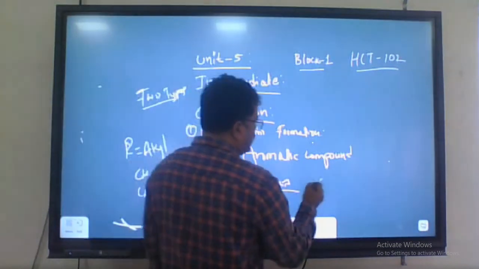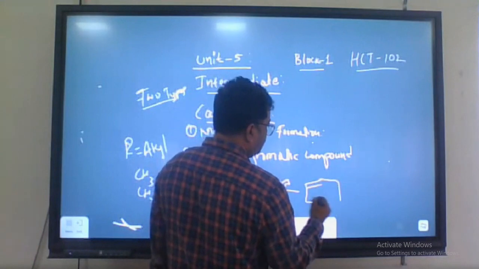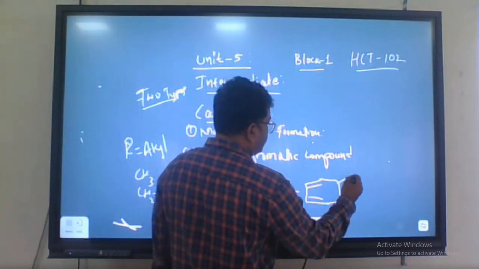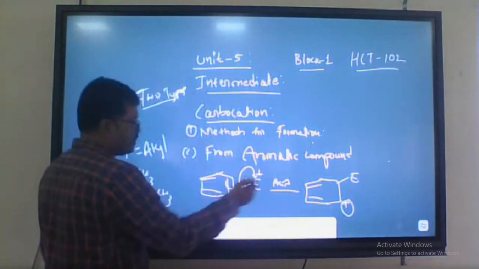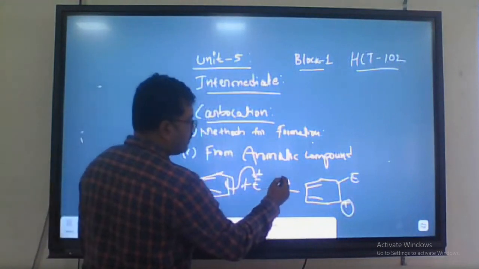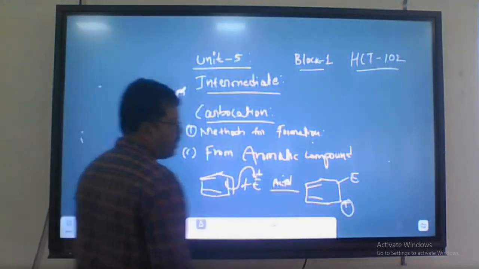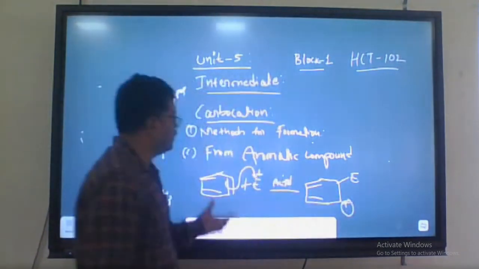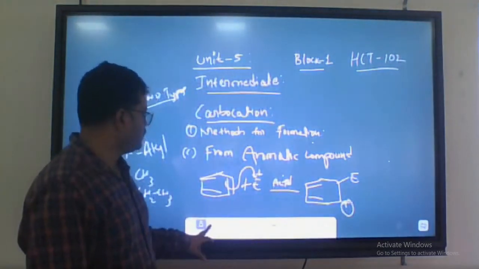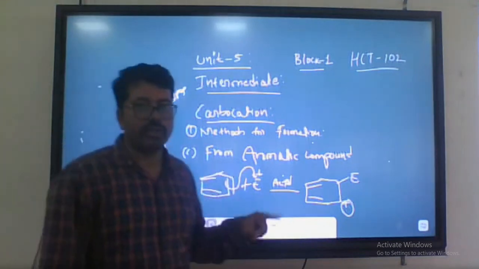Attack this and generate this carbocation. Electron can accept the attack, so this is Lewis acid. So this is the generation from aromatic compound.